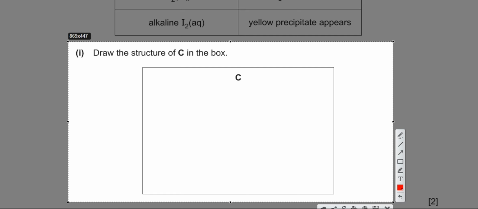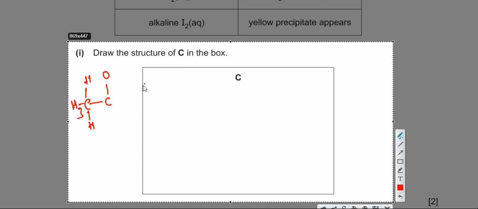Keeping the idea of all the tests and the molecular formula, we can easily predict the structure. Aqueous alkaline iodine confirms the presence of CH3 bonded to C bonded to O. Because this is not a ketone or aldehyde, I can't write C double bond O, but aqueous alkaline iodine giving a positive result means there is a CH3CO group.